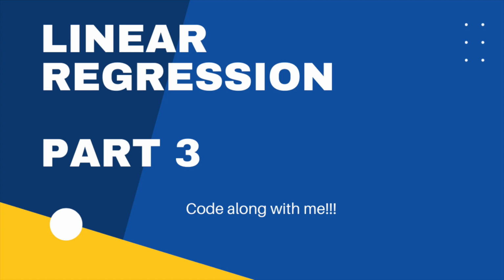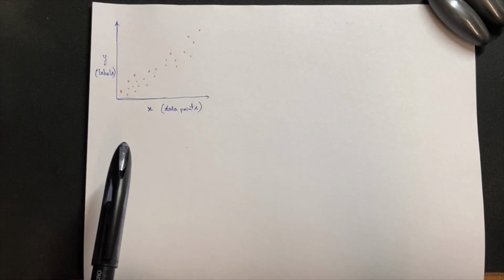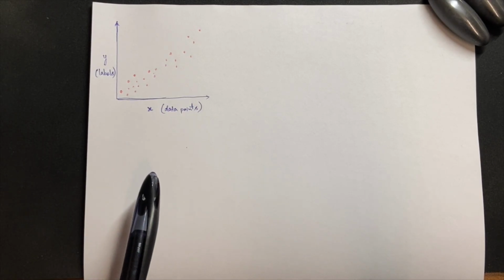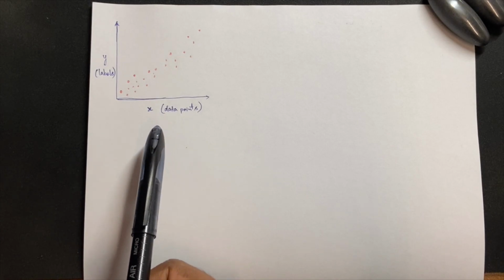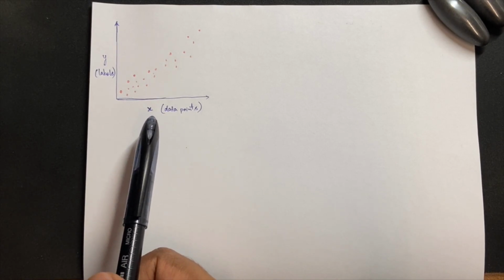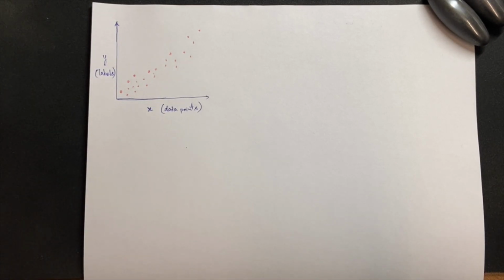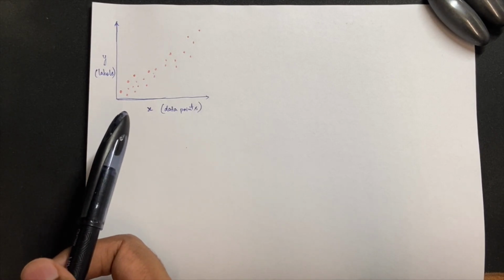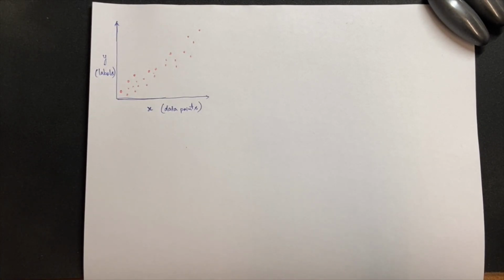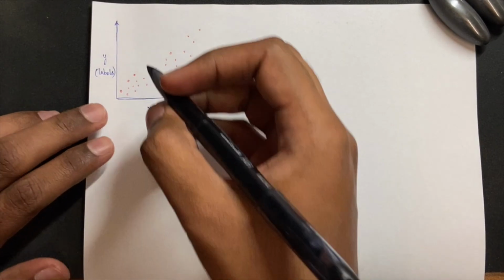So to recap, this is going to be our univariate data set where we have only a single feature here, x, and the labels y. And we see some trend in this data, and we want to fit a straight line, a linear model, to this data.